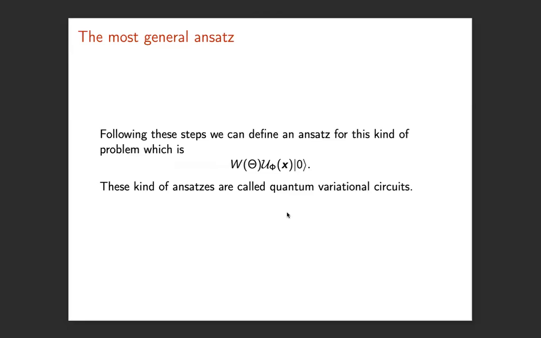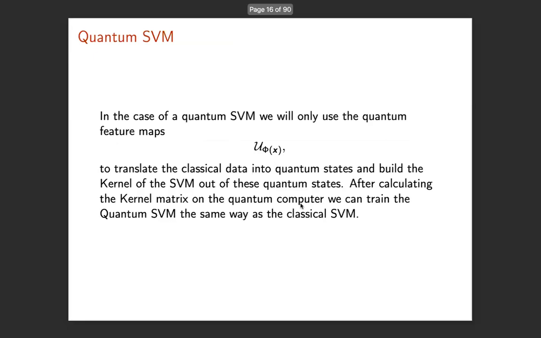If you remember, when we were calculating the gradients, we had an analytical formula where we simply needed to calculate the expression for the Hamiltonian for an angle theta plus minus pi half. And this formula, which we have for these variational circuits, is something we will also use both for quantum neural networks, which you can think of as quantum variational neural networks, and also for the quantum support vector machines.